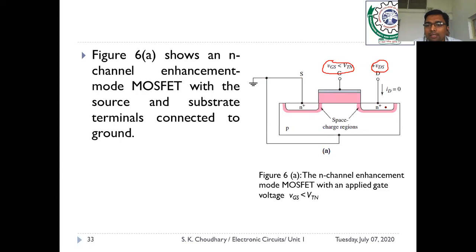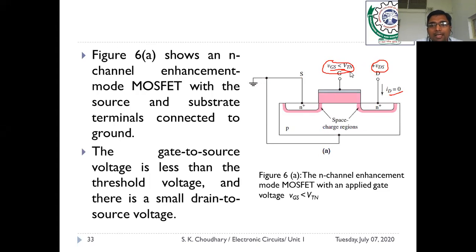But still ID is 0. The main reason is what? Because the gate to source voltage is less than the threshold. So as long as the gate to source voltage is less than the threshold, no drain current will flow between drain and source. No inversion region has been created.